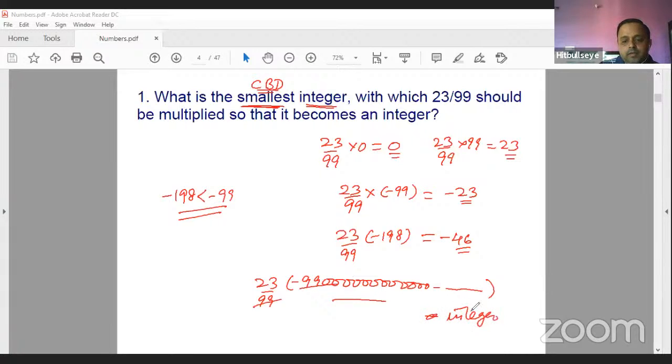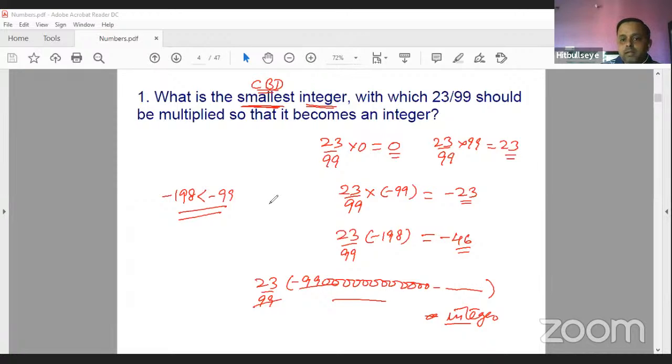Answer would be cannot be determined. It can go to minus infinity. Any negative multiple of 99 could approach infinity. Answer would be cannot be determined in this case.